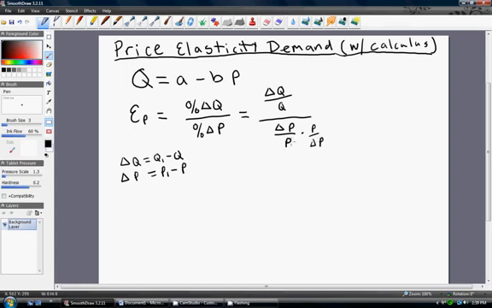Let's get rid of this big mess here in the denominator by multiplying through by its reciprocal. And if we do that to the denominator, we have to do it to the numerator. And so the change in P's will cancel, and now we're left with this expression.